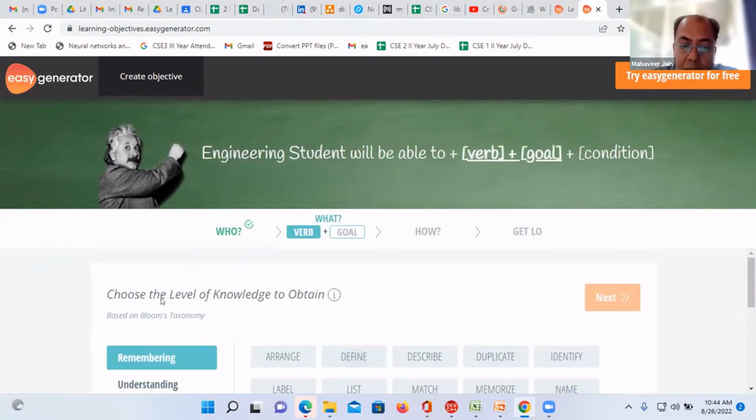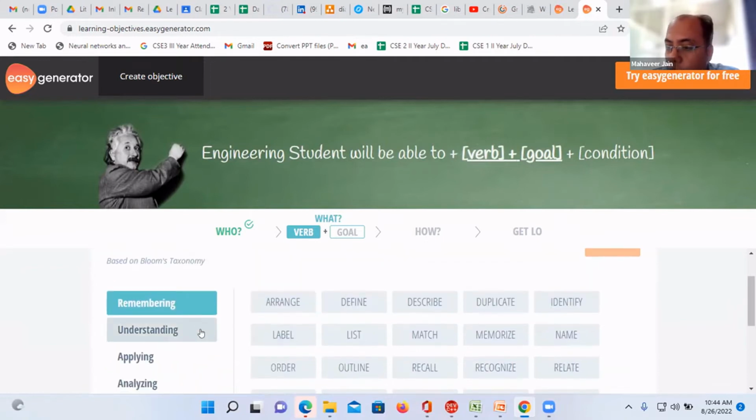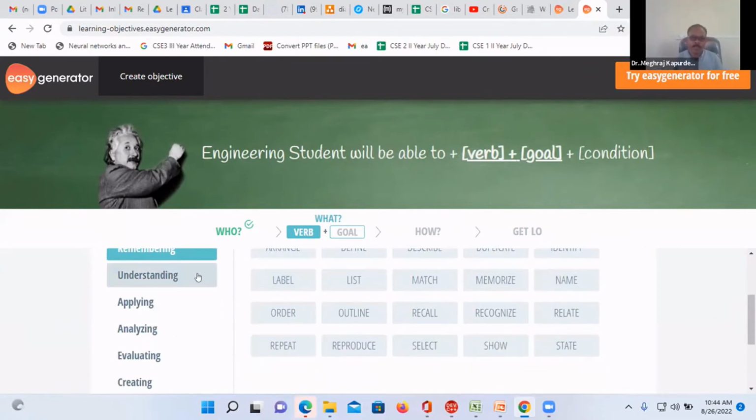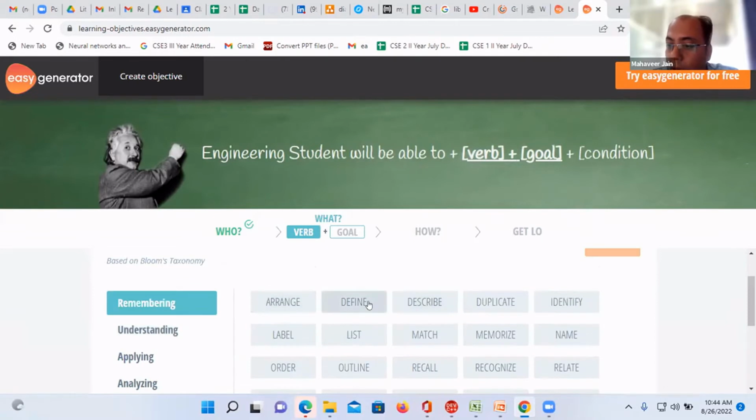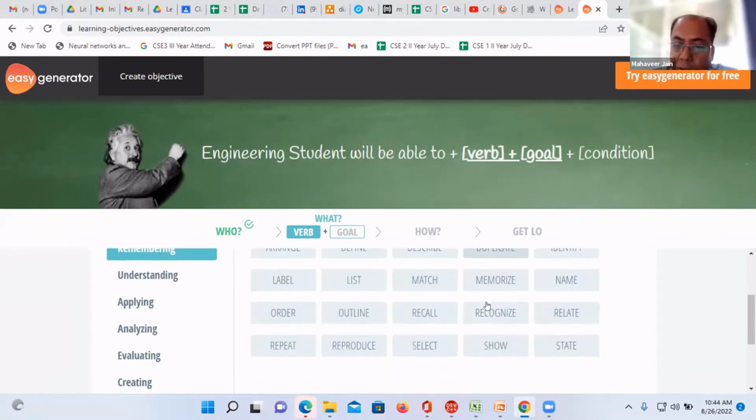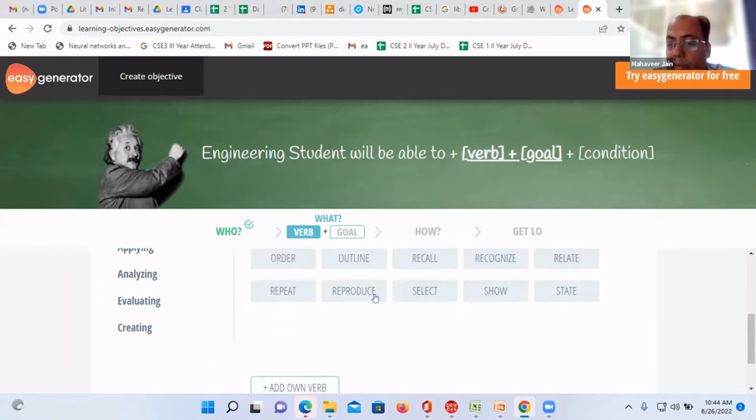Then choose the level of knowledge to obtain. There is Bloom's taxonomy and all the verbs are written here. The remembering level has verbs like arrange, define, describe, duplicate, identify, label, list, match, memorize. You can select any one of them.